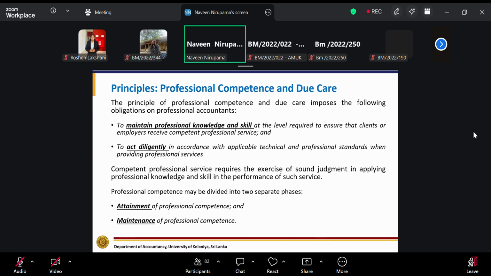These things should be considered when providing professional services to other parties. This is the principle of professional competence and due care.